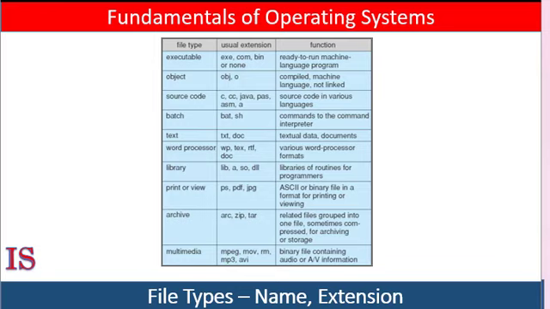The system uses the extension to indicate the type of file and the type of operations that can be done on that file. Only a file with a .com, .exe, or .sh extension can be executed, for example. Well, that's actually not true. You and I created a .bat file at the beginning of the course, remember?